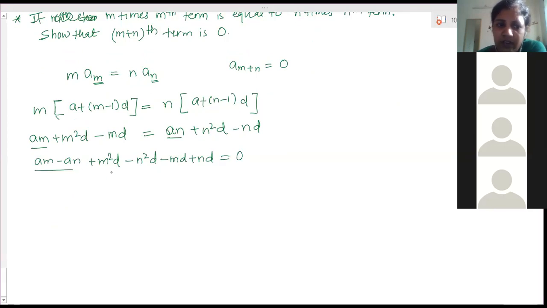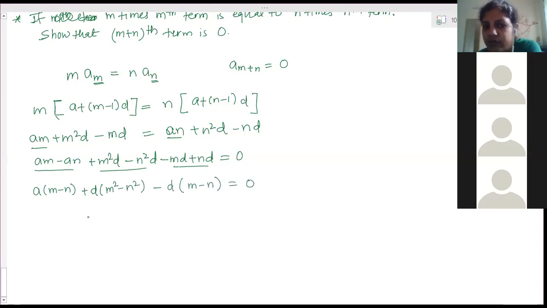Now factorize every two terms. Here we will get a common factor, so in bracket it is a(m minus n). Here d is common, in bracket it is m square minus n square. Now take minus d common, then it will be (m minus n) equal to 0.